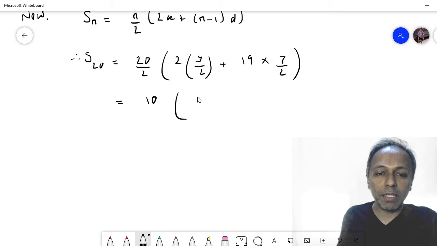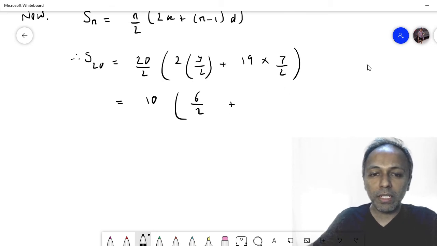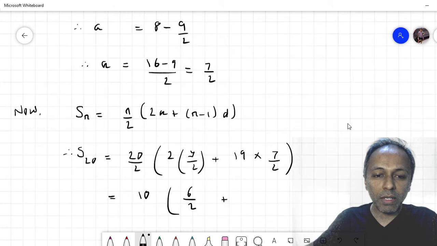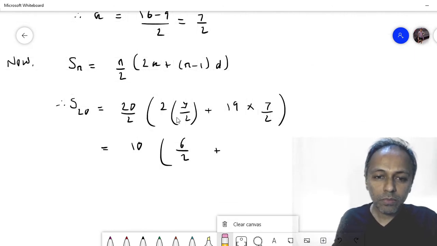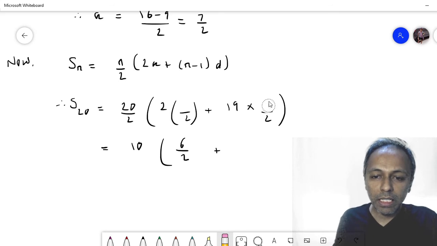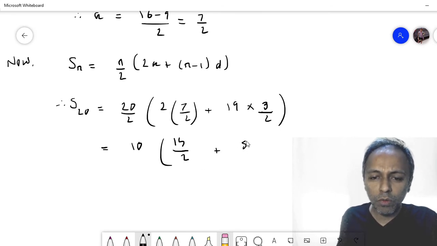This becomes 10 times 6 upon 2 plus 19 into 7, have we written it correctly? No, a was 7 upon 2. a is 7 upon 2, and d is 3 upon 2. So let's make it accordingly. This is 7 upon 2 and this is 3 upon 2. So here your value will become 14 upon 2. We can cancel 2 if you want to.